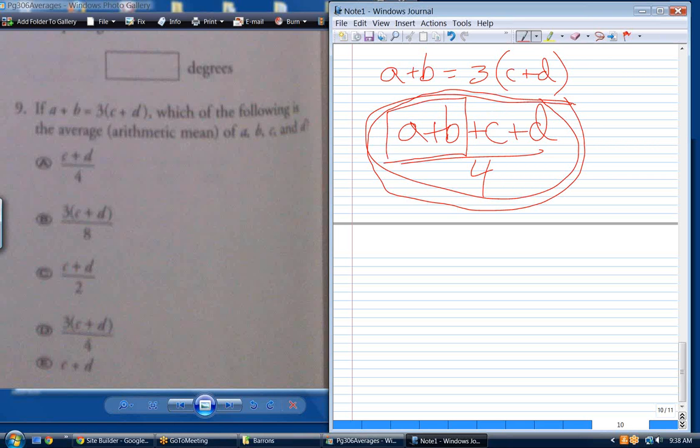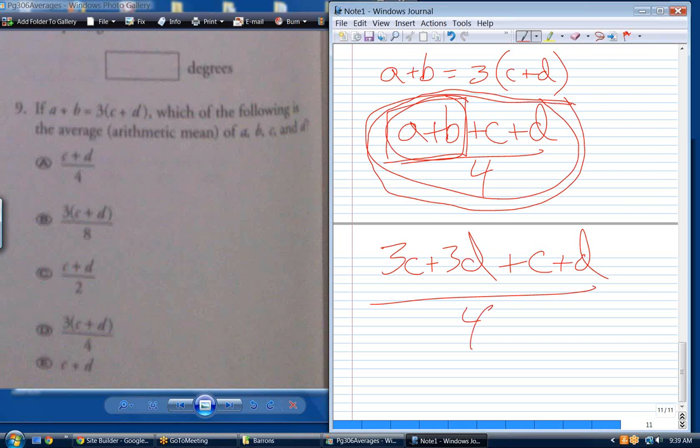Okay. Notice that if I just take the equation they give me, distribute it, so instead of writing A plus B, I'm going to write 3C plus 3D for this part here. Plus C plus D all over 4. That's going to be our answer after we simplify it.